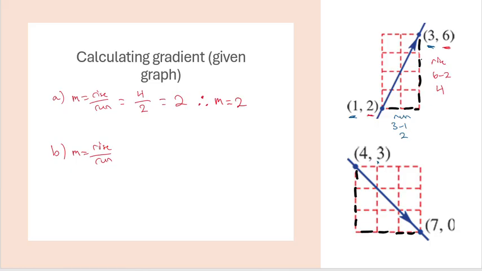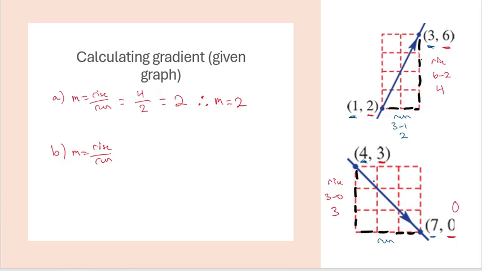My rise is, let's look at the y values, 3 and 0. I'm assuming that's a 0 right there. So my rise is going to be 3 minus 0, which is 3. Now let's have a look at my x values here, for the run.